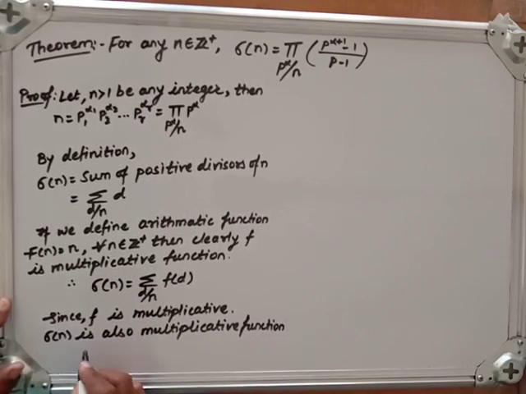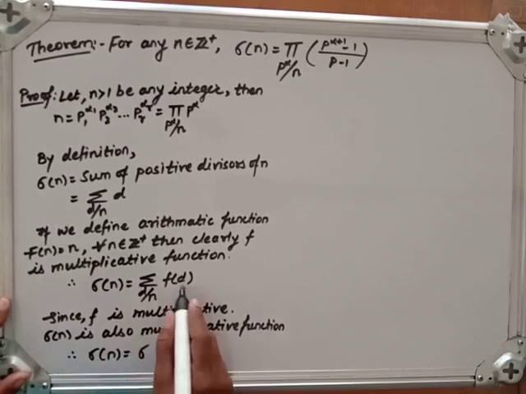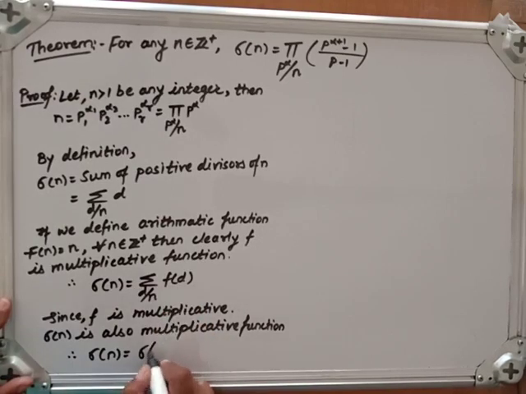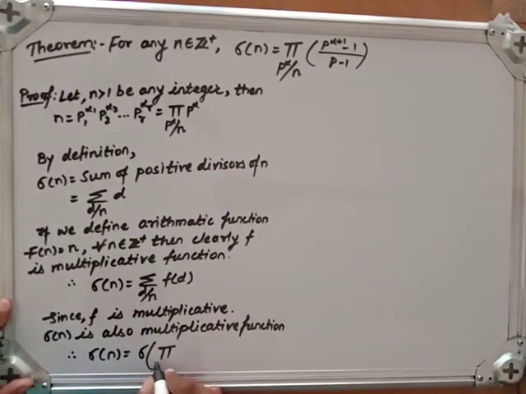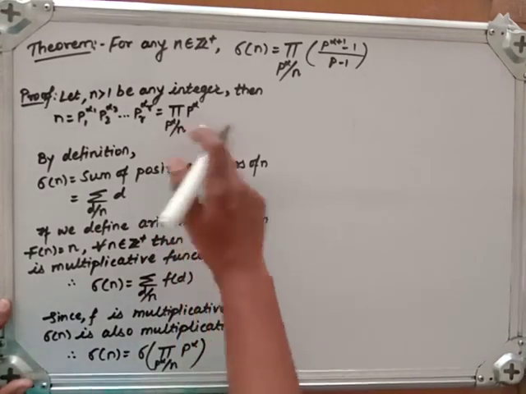Okay, therefore we can say sigma n is equal to sigma of, what is this? Sigma of what? Product. Sigma n, what is n? N is this number. So product of p raised to alpha divides n of p raised to alpha. N is equal to this one we had assumed.